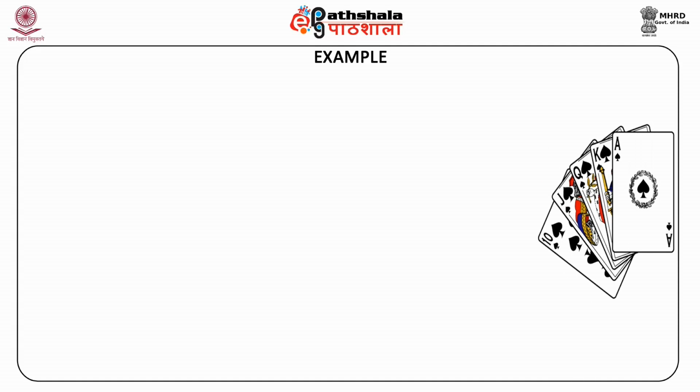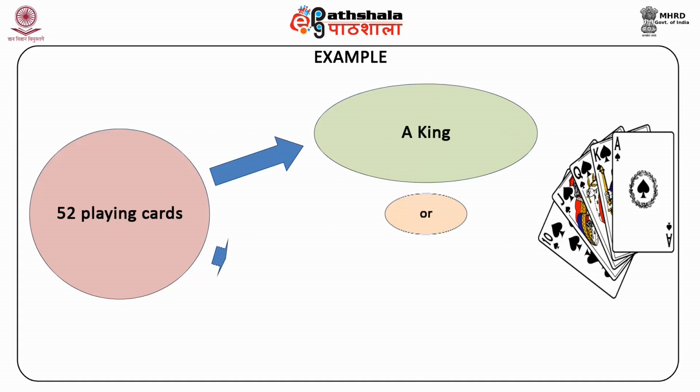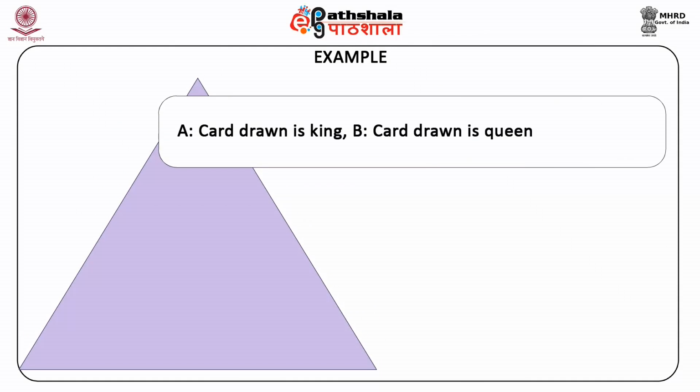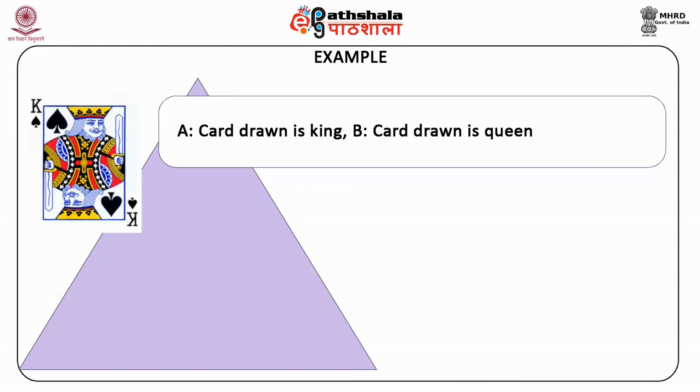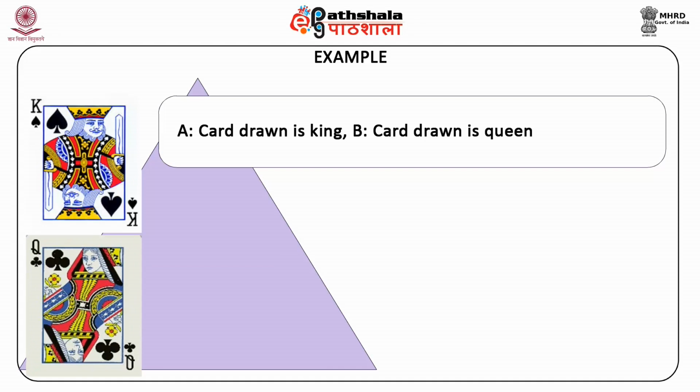A card is drawn at random from a deck of 52 playing cards. Find the probability that the card drawn is either a king or a queen. Let A be the event that the card drawn is a king and B be the event that the card drawn is a queen.